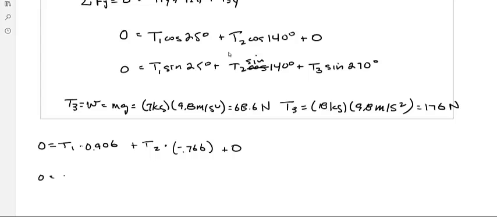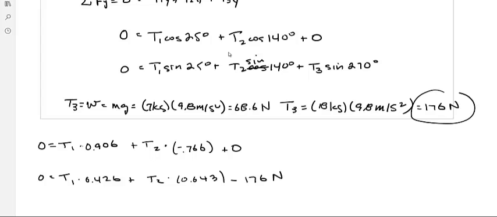And then the second equation is T1 times the sine of 25, which is 0.426, plus T2 times the sine of 140, which is 0.643. And then we have minus 176 newtons. That's this number, and the sine of 270 is negative 1.